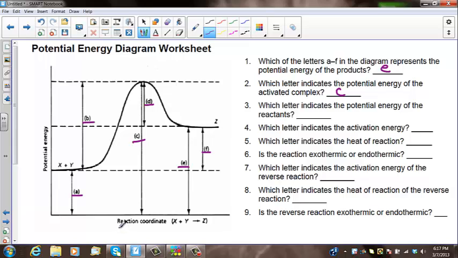Which letter indicates the potential energy of the reactants? Hopefully you said A. Potential energy of the reactants goes from the reaction coordinate to the reactant line. Which letter indicates the activation energy?